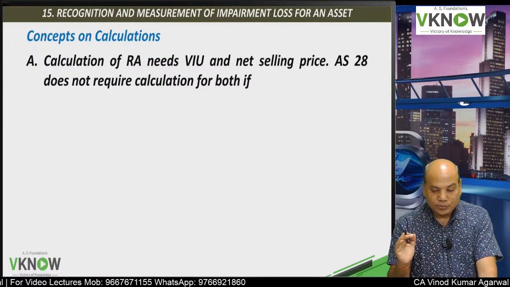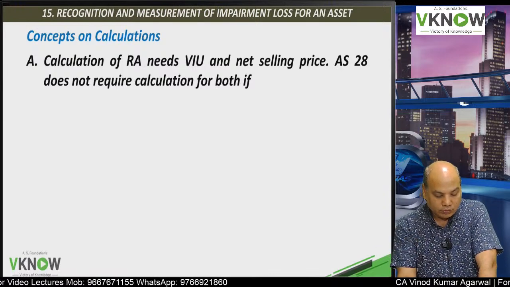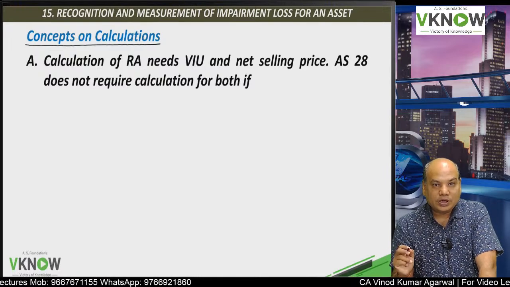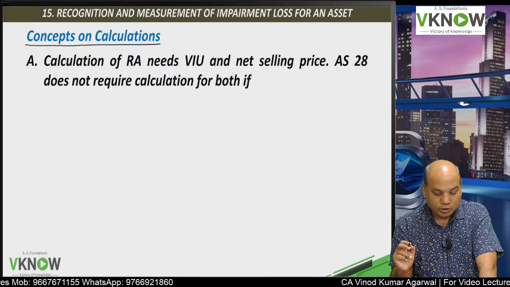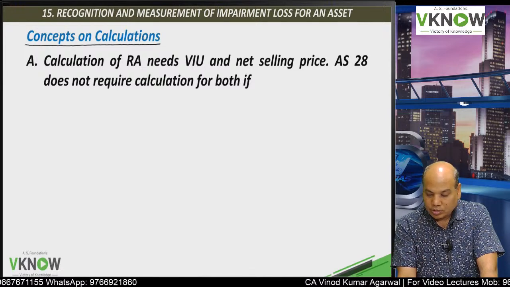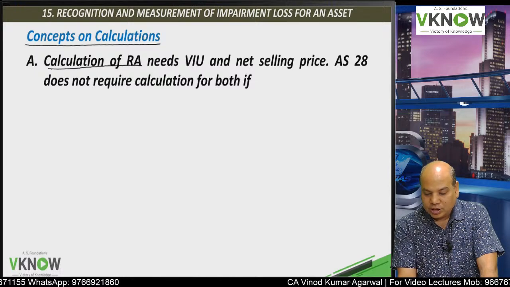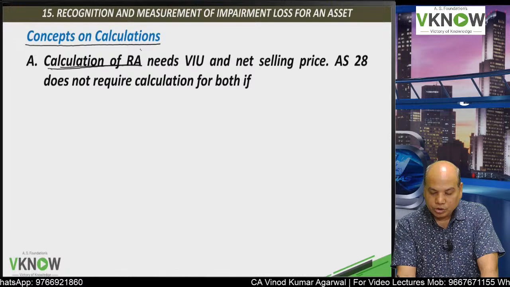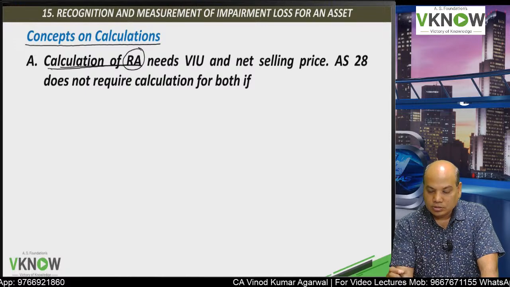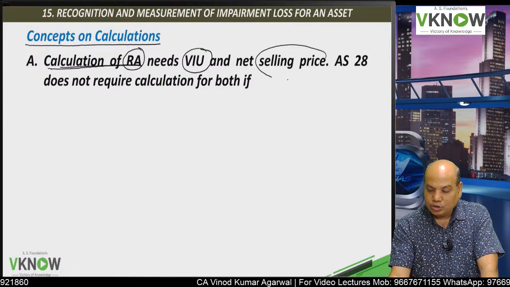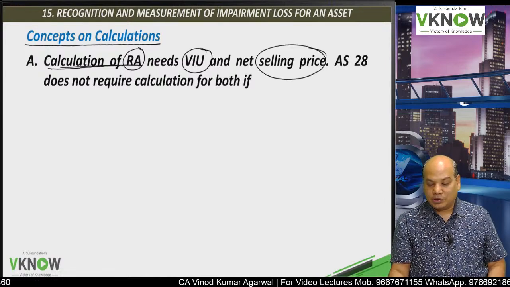So what are the steps you will follow for the purpose of calculating impairment loss? Kindly pay attention. First, we will calculate recoverable amount. When you are solving a question, you need to find recoverable amount. For that, you need to compute value in use and you need to compute net selling price.